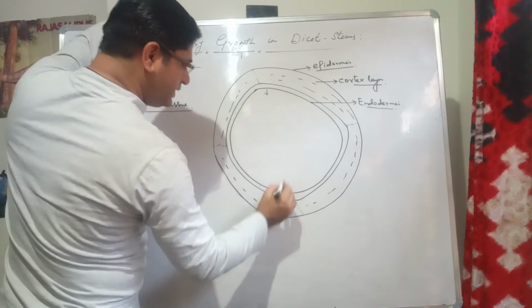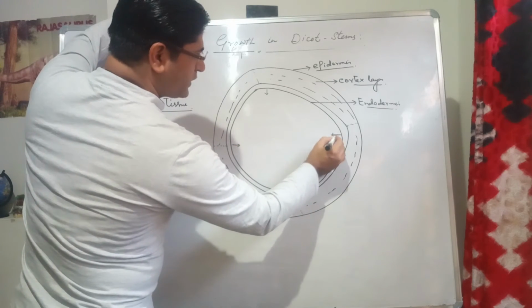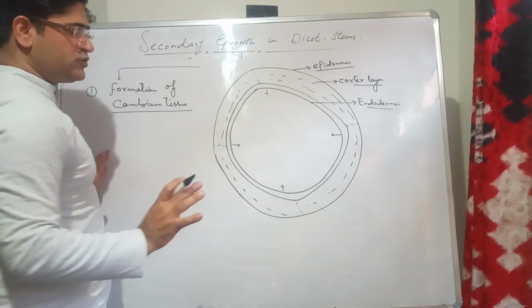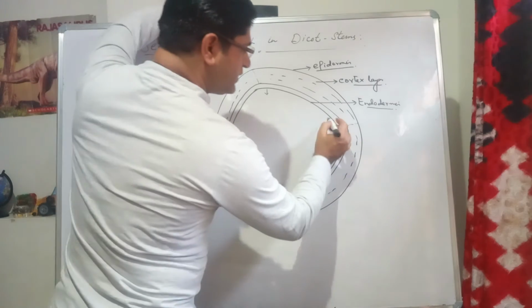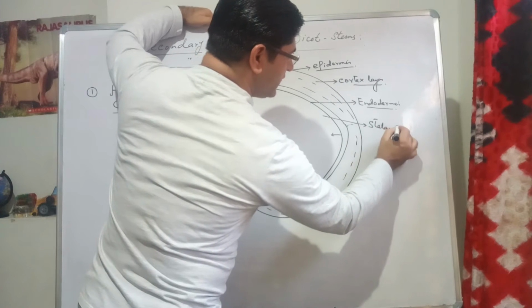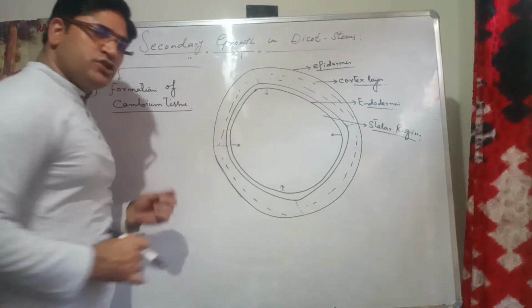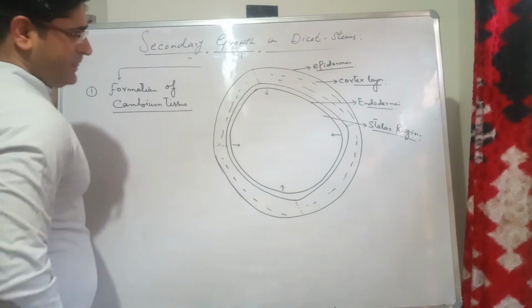Now inside the endodermis, all these tissues inside the endodermis, what is this region called? I have already told you, this whole region is known as the stellar region.